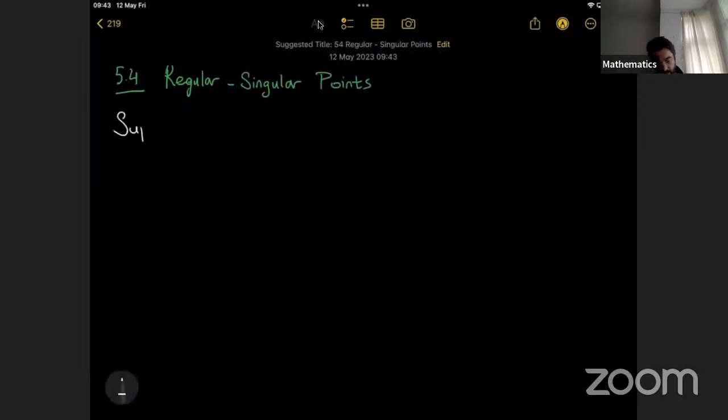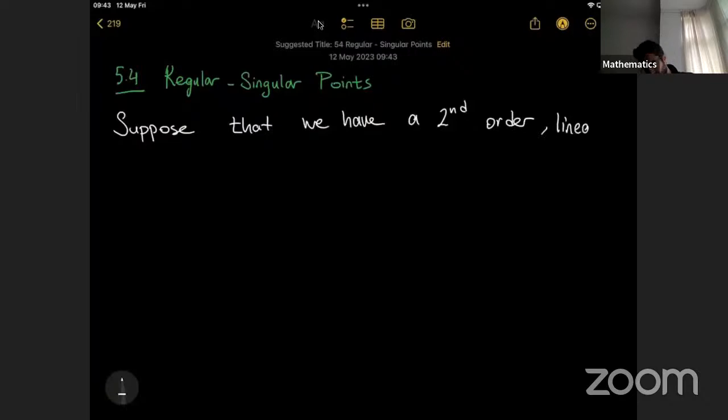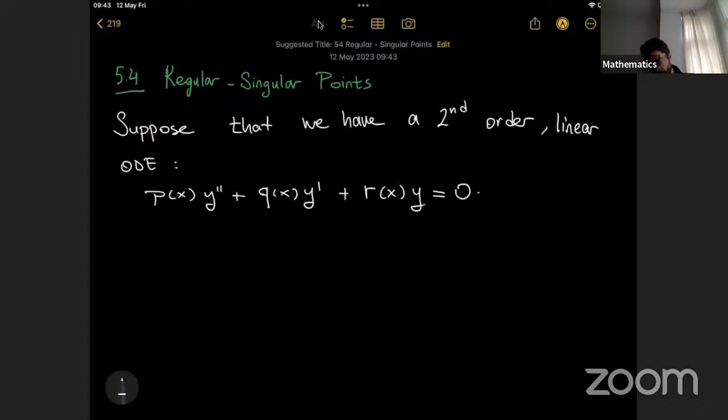Suppose that we have a second order linear ODE: p(x) y double prime plus q(x) y prime plus r(x) y is equal to 0.